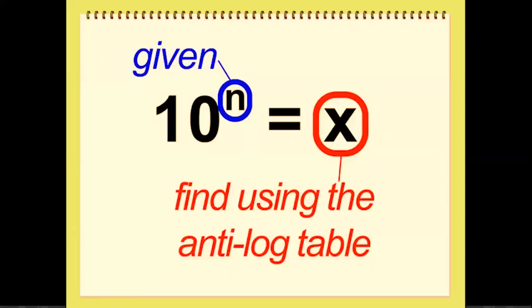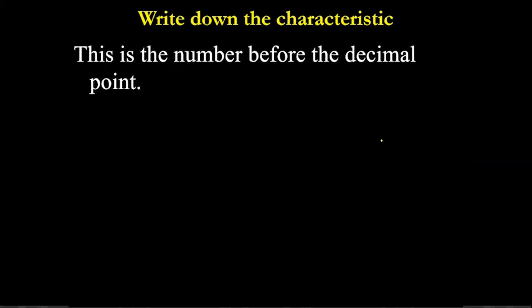So it is simple. We need to use antilog. Antilog means we need to find 10 to the power of that. So first, write down the characteristic. This is the number before the decimal point. Understand it as the opposite of log.